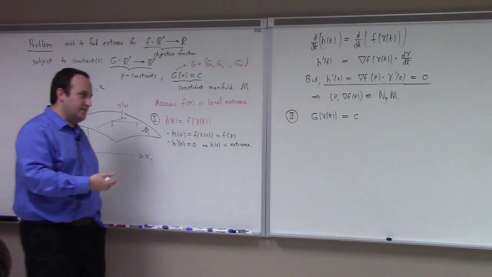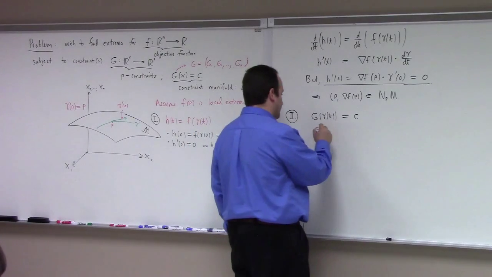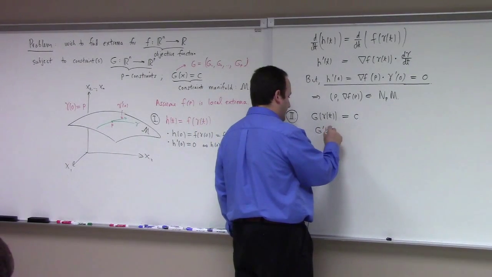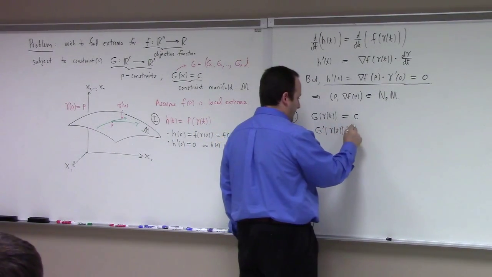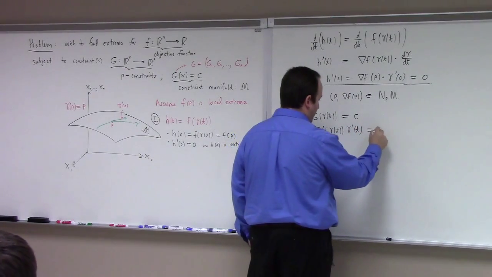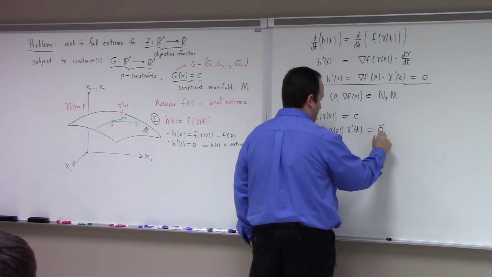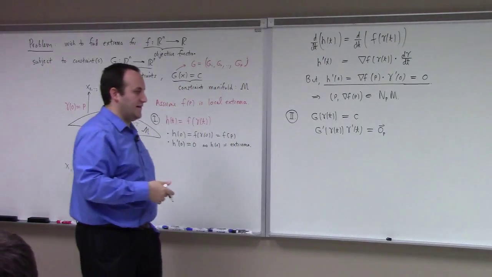If I differentiate this with respect to time, I get g prime of gamma of t times gamma prime of t equals 0. Technically, that's the 0 of size p.